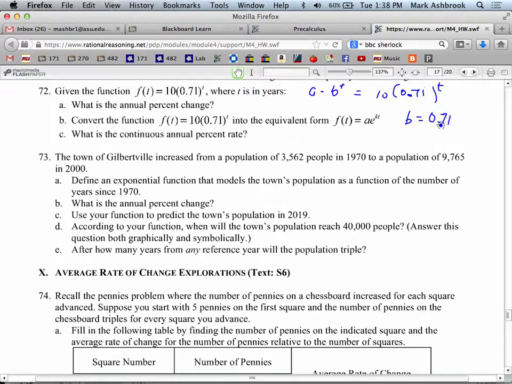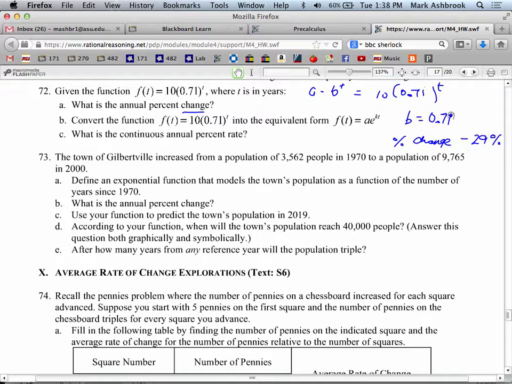What is b? B is the decay factor, the multiplier. So what is the percent change? 29%? Not quite. Yes, it's asking for percent change, then we want negative 29%.